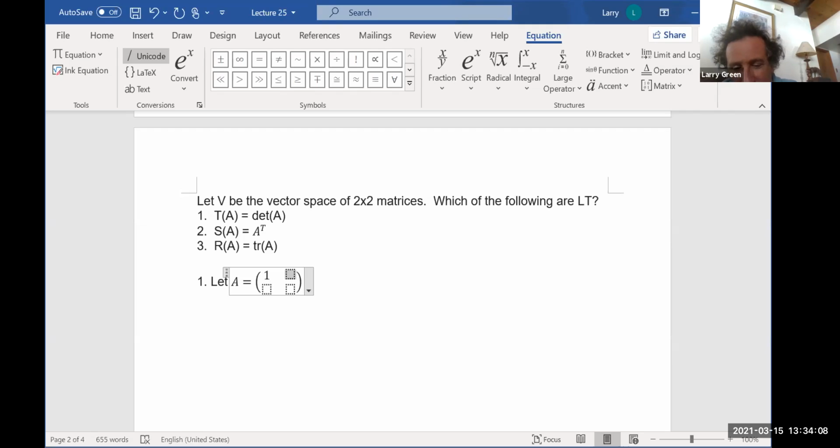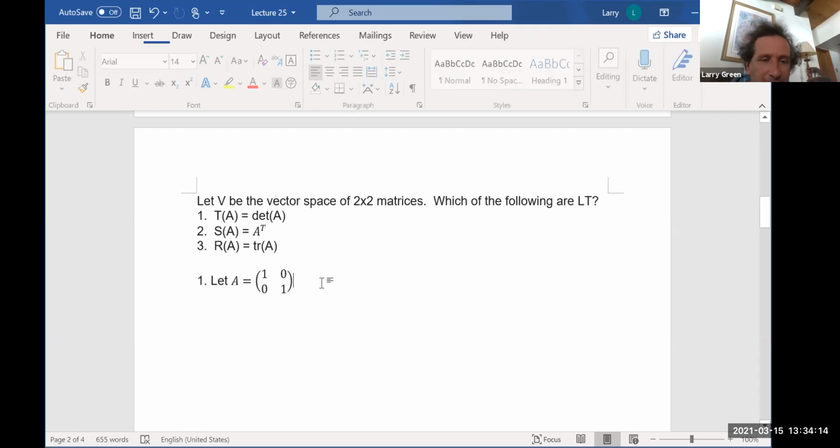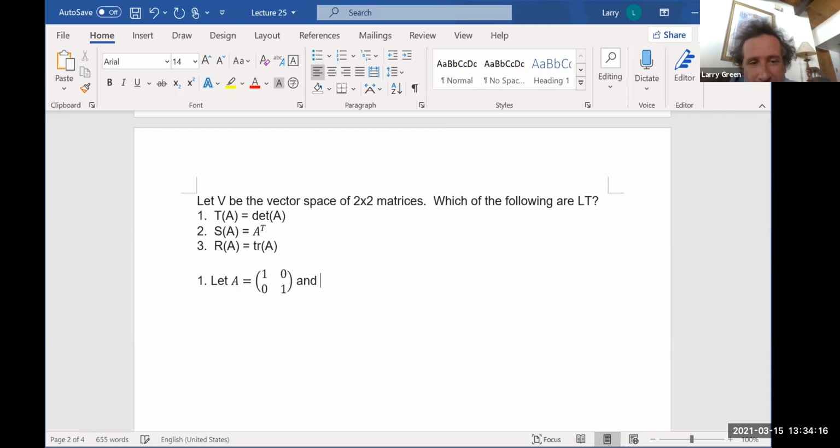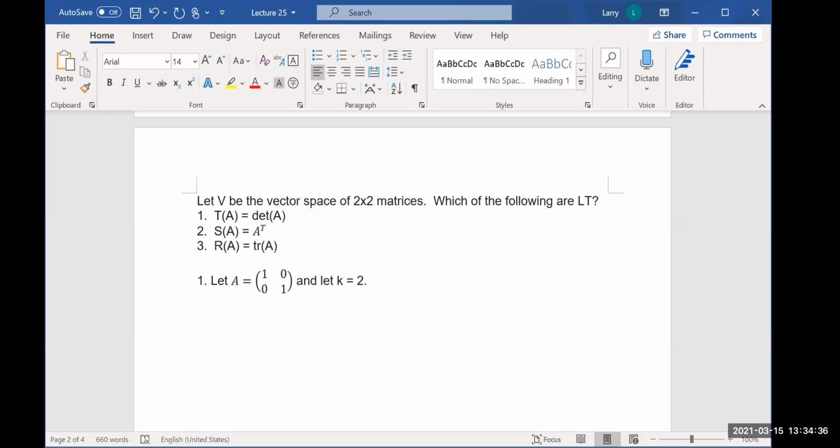1, 0, 0, 1. Okay. And let K equal, can't let it be 1. That's not going to do anything to it, right? So how about 2? Is that going to be a contradiction? Is that going to make it so it's not a linear transformation? No. Let's see.